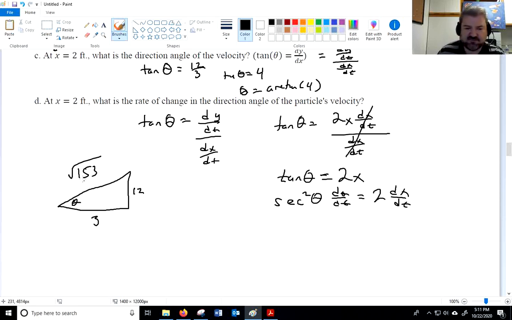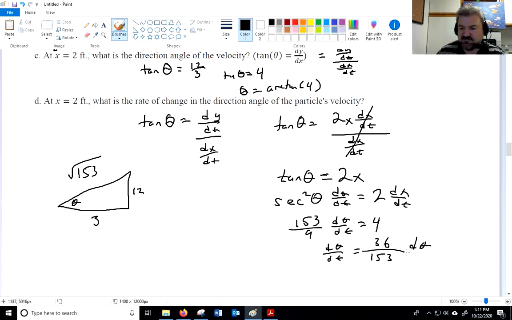So the secant squared theta is hypotenuse over adjacent squared. So that's 153 over 9 times d theta/dt is equal to 2 times dx/dt, which was 2, so 4. So our d theta/dt must be equal to 36 over 153.